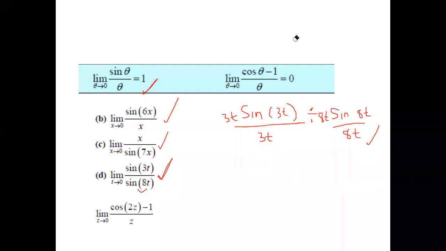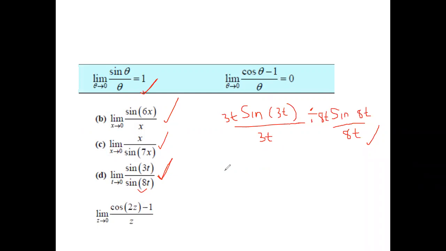So the limit is going to give me the limit of 3t times the limit of, just a minute, let me go back. There's something we have to delete. I wanted us to write it in a much simpler form, but it looks like we have no option.